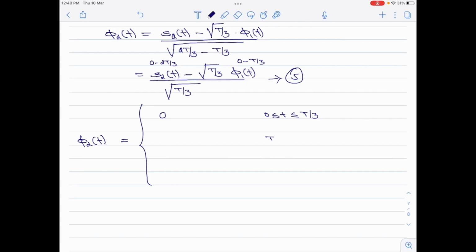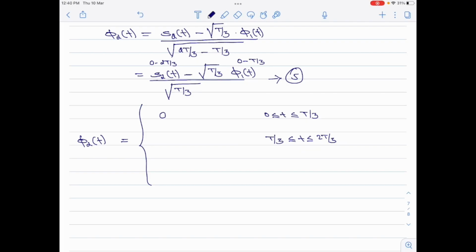The next interval will be between T by 3 to 2T by 3. Once again, let us analyze the numerator. The first part, which is s2 of t, is still equal to 1 over the interval T by 3 to 2T by 3. Whereas the second part of the numerator, which is phi 1 of t, is defined only over the interval 0 to T by 3 and is 0 otherwise.